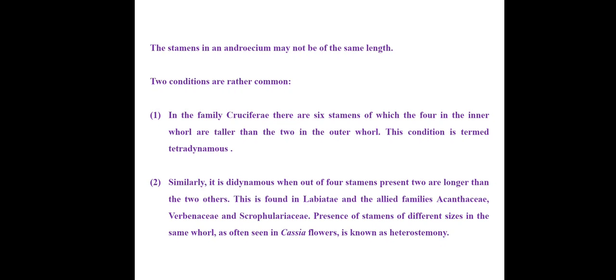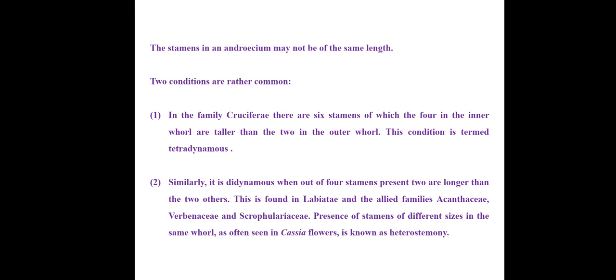Similarly, it is didynamous. Didynamous: of 4 stamens present, 2 are longer than the other 2. This is found in Labiatae and allied families of Acanthaceae, Verbenaceae, Scrophulariaceae. Presence of stamens of different sizes in the same whorl, as often seen in the cassia flower, is known as heterostemony.